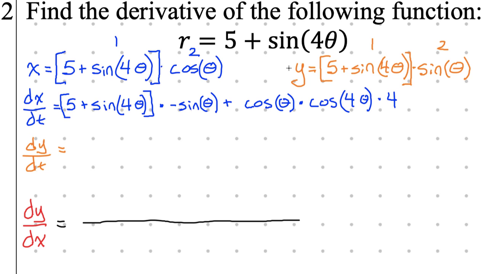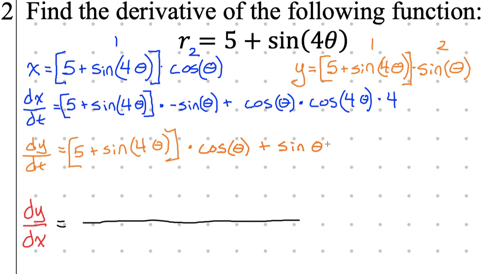And I'm going to keep finishing this problem on video, why not? Now, this is going to be 1, which is going to be 5 plus sine of 4 theta. 1, that yellow 1 right here, D2 times the derivative of this is going to be positive cosine of theta, plus 2, which is sine of theta, times the derivative of this one, and again it's going to have an inside to worry about.